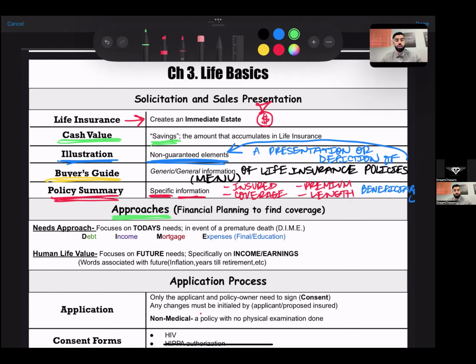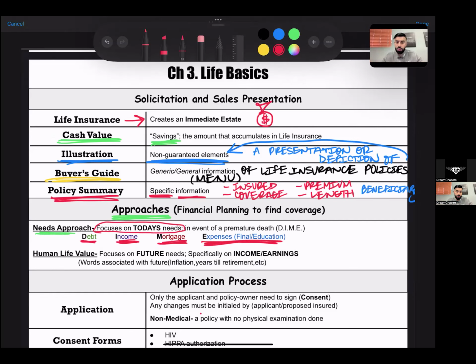There's two different ways of doing it. There's the needs approach, which is going to look at what the family would need today if the insured dies. For example, if I died today, what would my family need in order to pay off my debt, replace my income, finish paying off the home, and take care of final expenses?